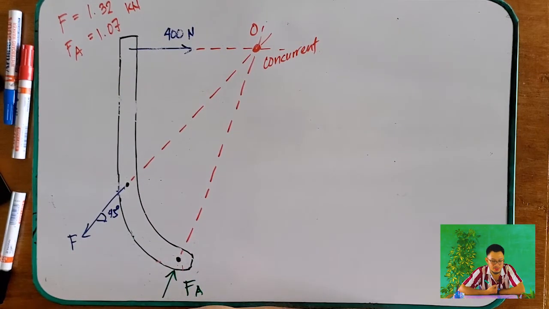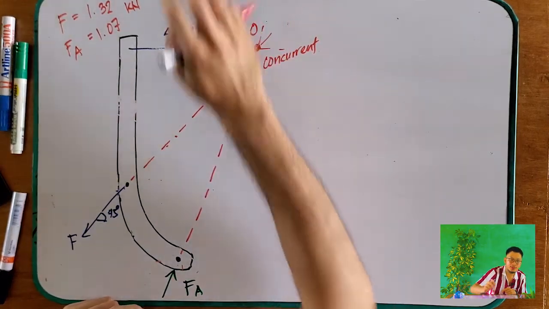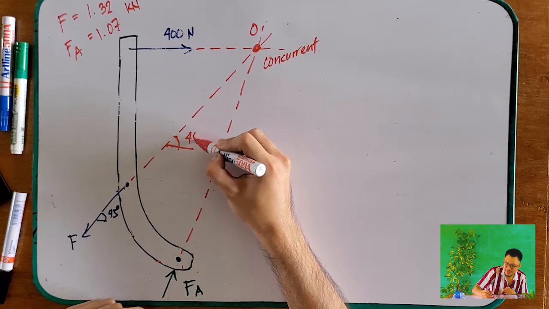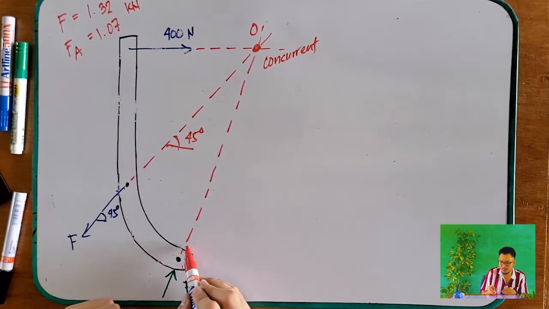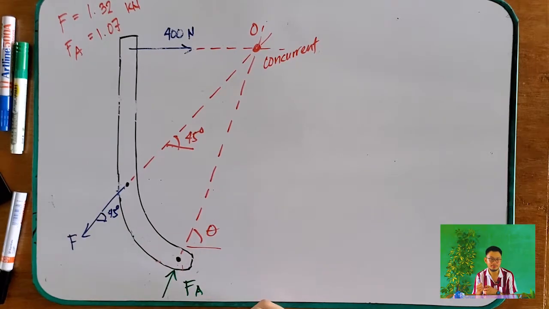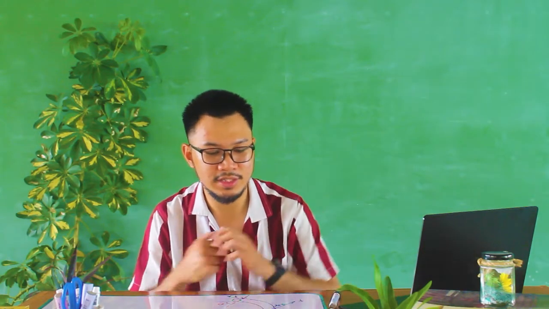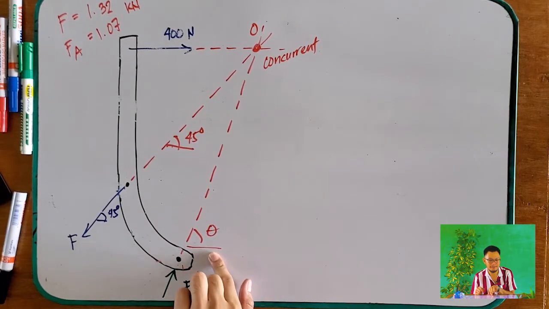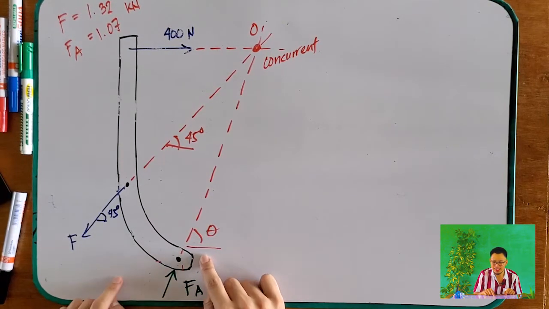Now, how can we solve this one? We know that this angle right here is 45 degrees, but we don't know what angle this one is. So how do we do it? We should first identify the angle. How do we get this angle?